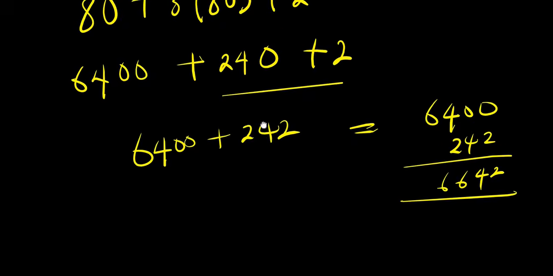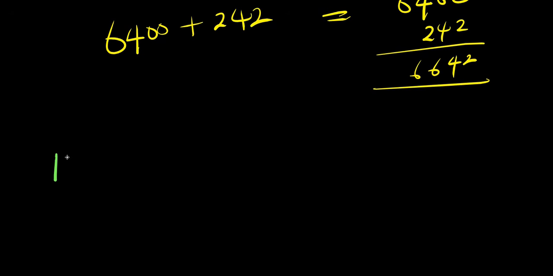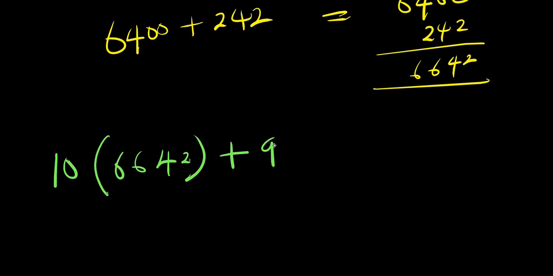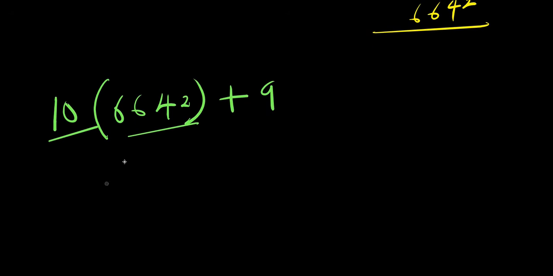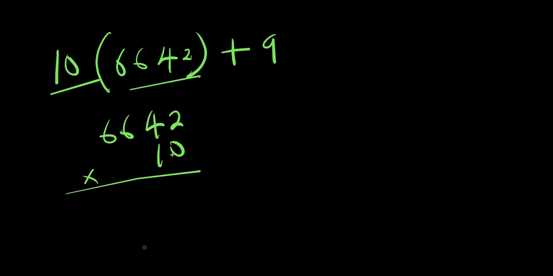Then we add 9 to it. We have 10 times 6642 plus 9. So if you multiply 10 times 6642, 6642 times 10: 0 times 2, 0, 0 times 4, 0, 0 times 6, 0, 0 times 6, 0. 1 times 2, 2, 1 times 4, 4, 1 times 6, 6, 1 times 6 again, 6.